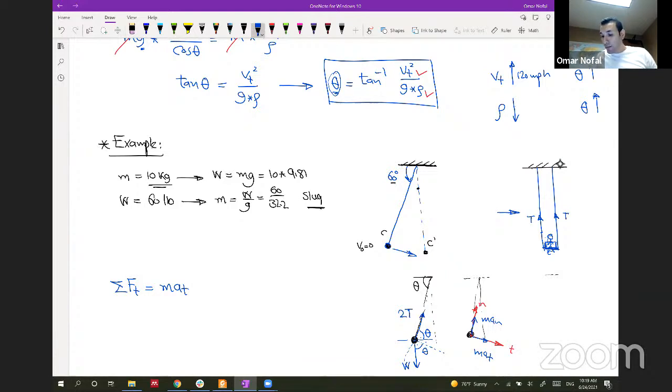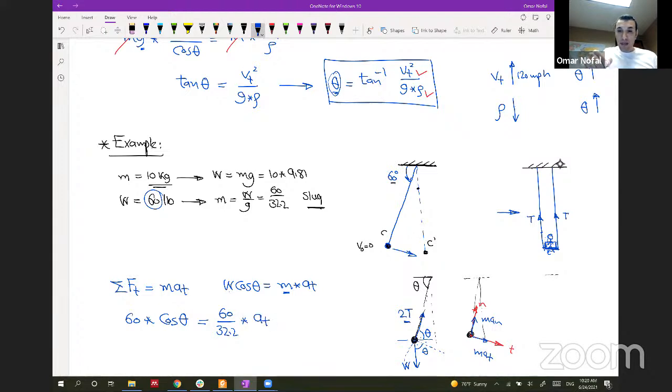For the tangent direction, all the tension in the cable is in the normal, so it will not be included, and we will have the weight, which is 60 pound, multiplied by cosine theta. W cosine theta will be equal to mass multiplied by a tangent. The weight is 60 pound, and the mass will be 60 over 32.2, because the mass is equal to weight divided by g, multiplied by the a tangent.